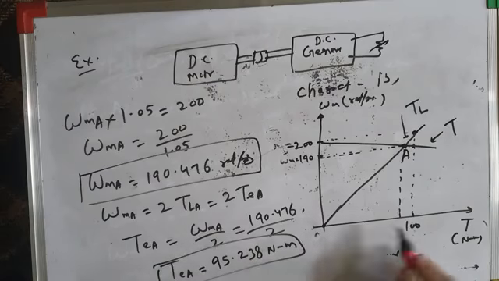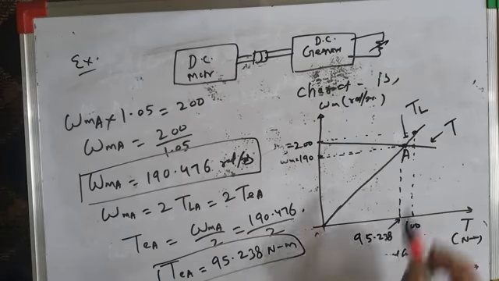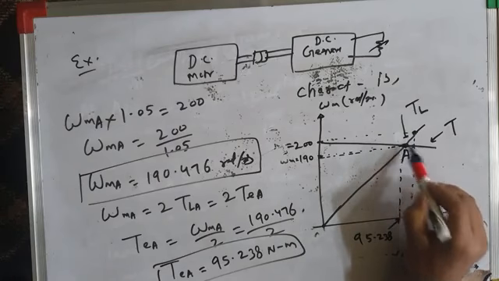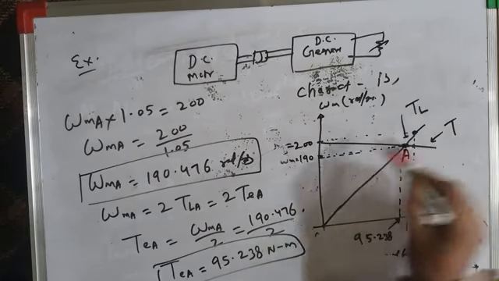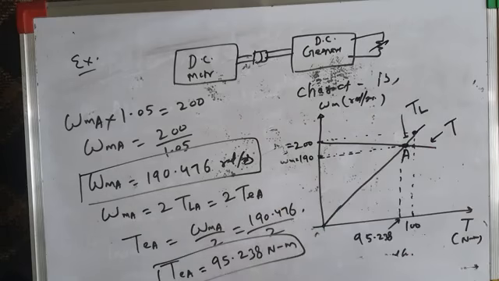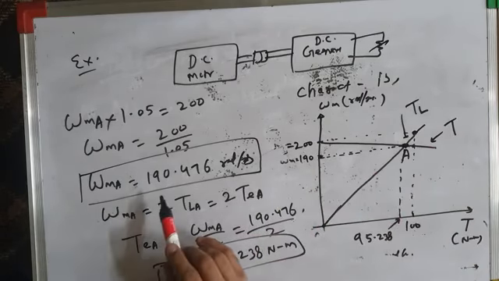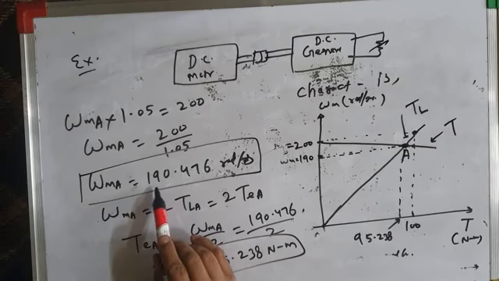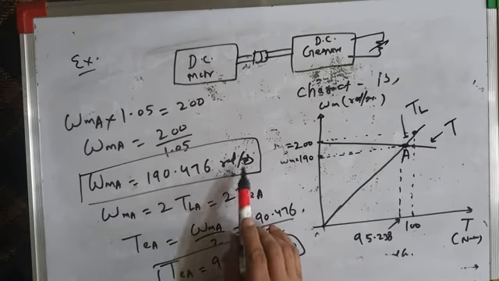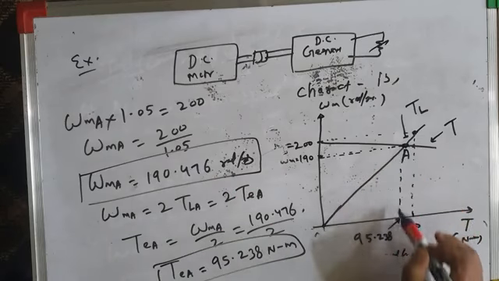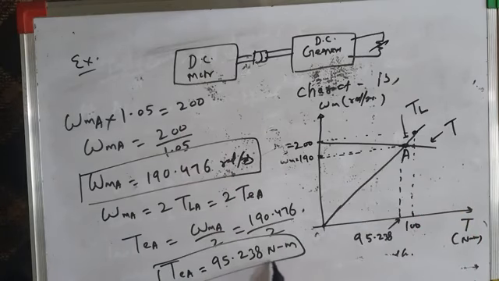So we have identified the operating point, the point of intersection between the load and motor torque speed characteristics. At this operating point, the rated speed of the drive is 190.476 radians per second, and the motor develops a torque of 95.238 Newton meters, which is equal to the load torque.